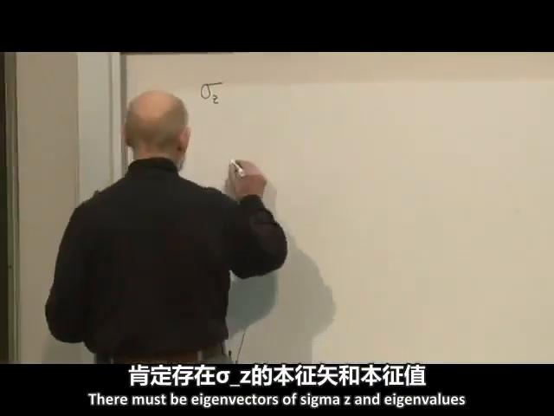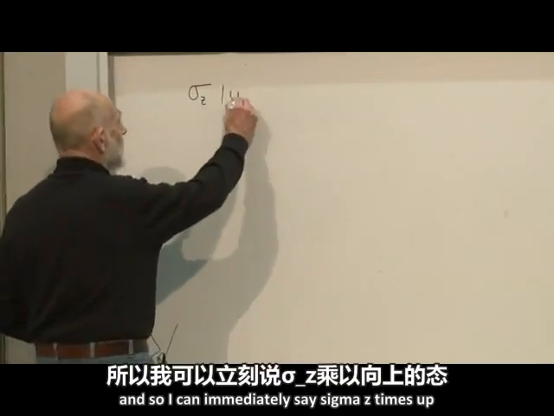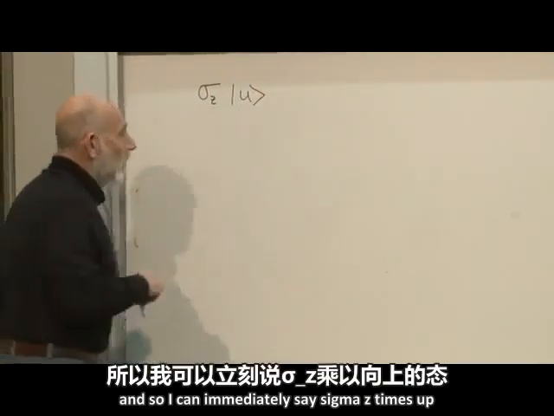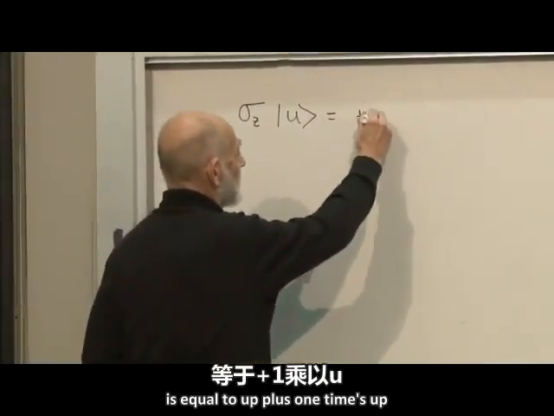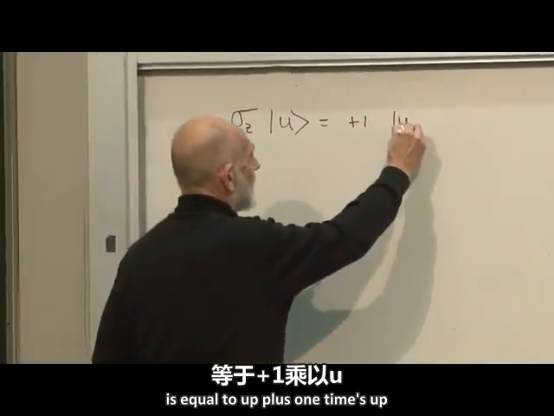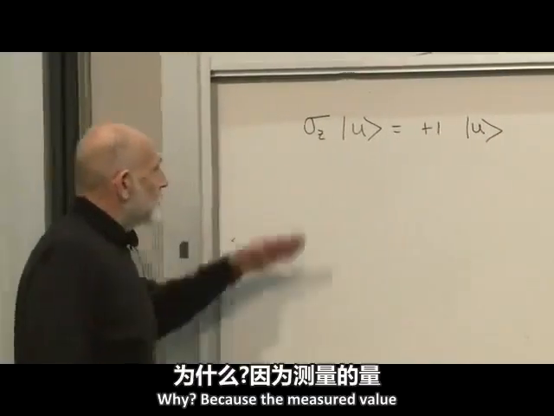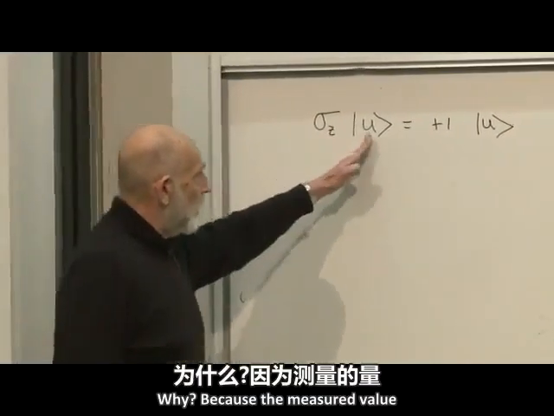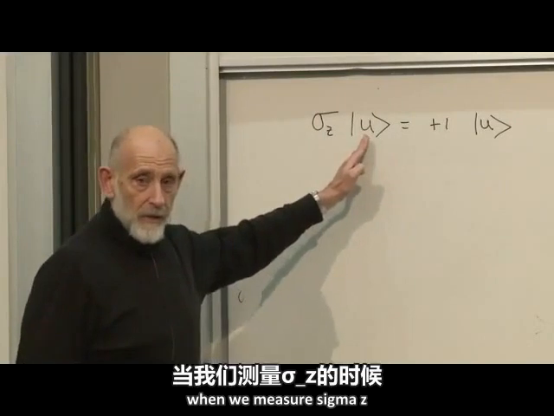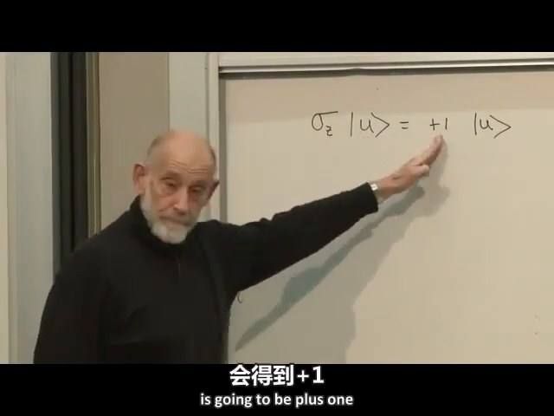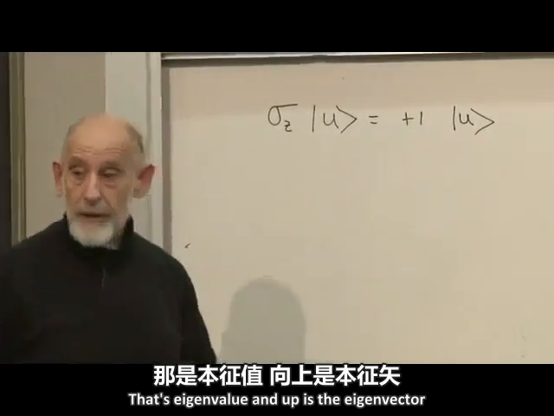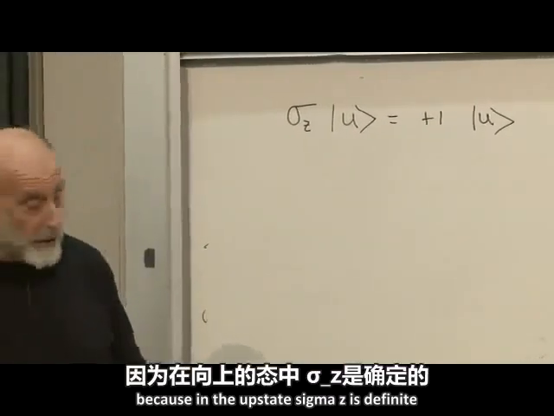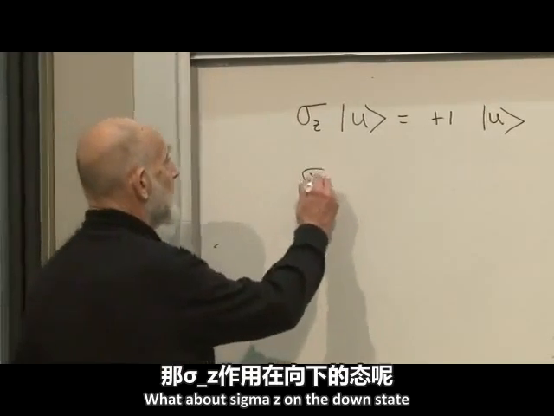And so we can immediately say sigma z times up is equal to up, +1 times up. Why? Because the measured value when we measure sigma z is going to be +1. That's the eigenvalue, and up is the eigenvector because in the up state, sigma z is definite. What about sigma z on the down state?